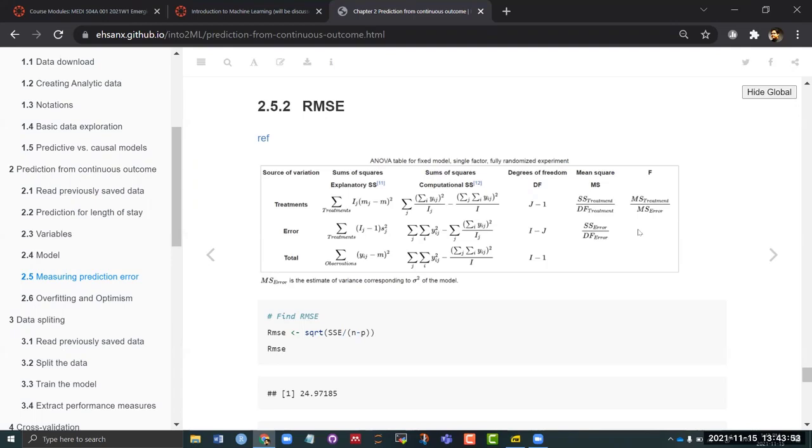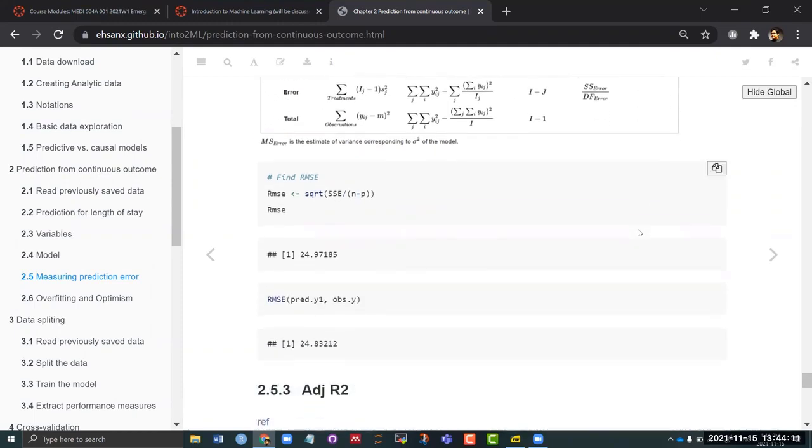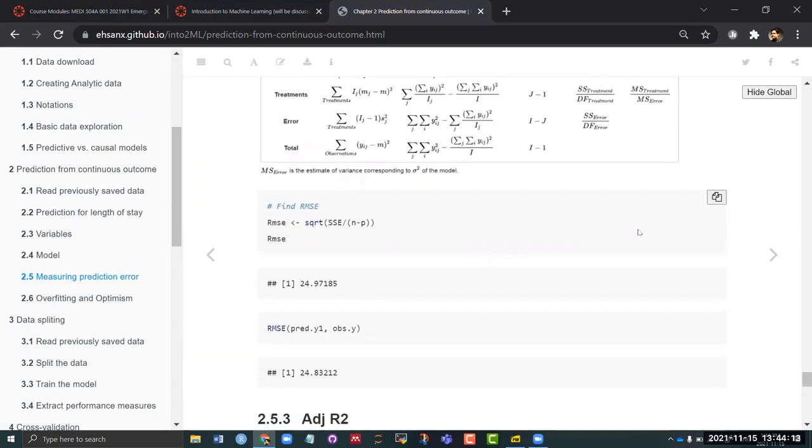All I'm trying to say is that there is a different formulation. I don't want you to get bored with the formulas. There is a framework that we can use to calculate the sum of squares of error in a slightly different way, and that can also give you some understanding of how to measure the prediction error.